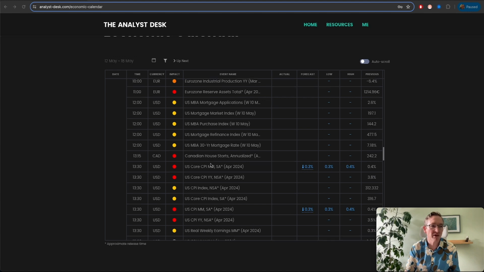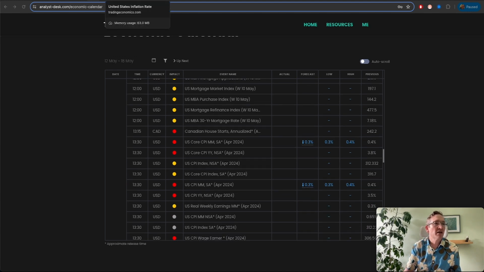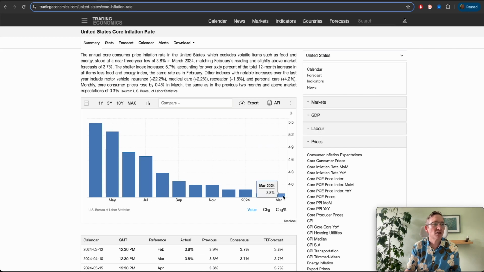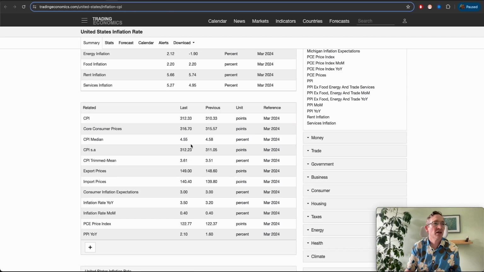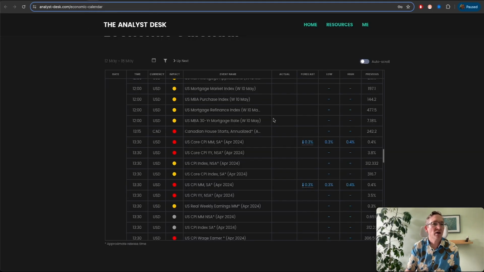But the CPI print is going to be interesting. If you just take a look at the core inflation data out for the US, core is at 3.8, headline inflation is 3.5. So if we look at the print for Wednesday, what we want to see is inflation either moving sharply lower below market's minimum expectations or sharply higher.